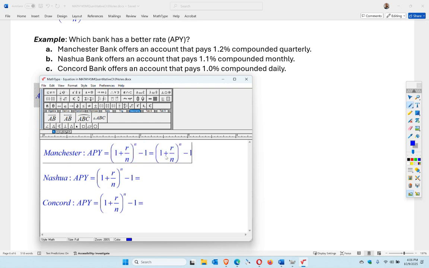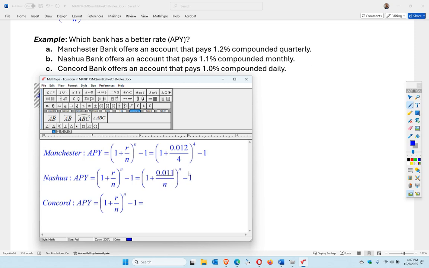Alright, so we're going to fill this in. The rate of the Manchester Bank is 1.2%, so that's 0.012. The number of compounds is quarterly, which is 4, because there are 4 quarters in a year, or 4 quarters in a dollar. For the Nashua Bank, the interest rate is 1.1, so that's 0.011, and you divide by 100.